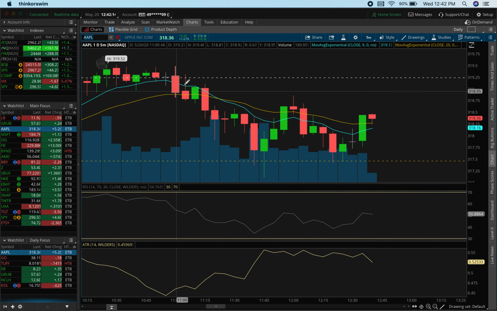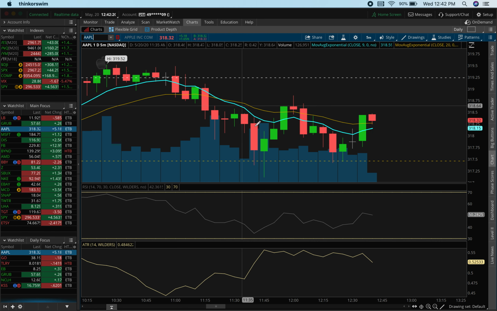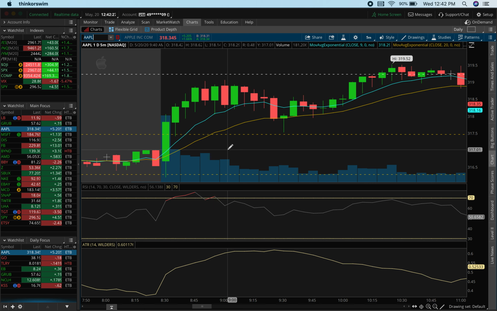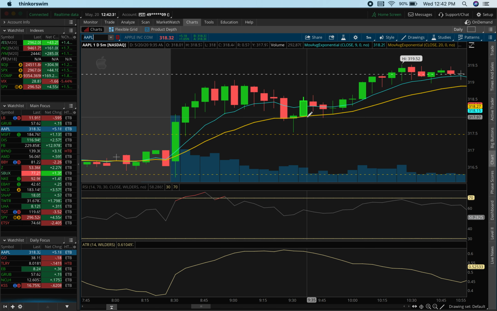Okay, see how the blue line crosses and then the yellow line goes over the blue line? That's how you know it's a short position. Now it's going to go down, and right now it's just consolidating. Once it cuts and goes over, like this right here, then you can go long on it. But of course, never depend on indicators. Just always have a plan.